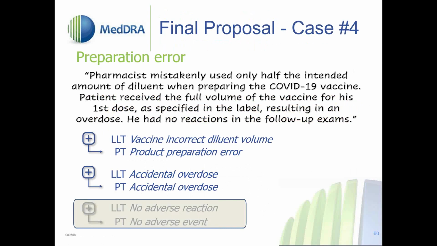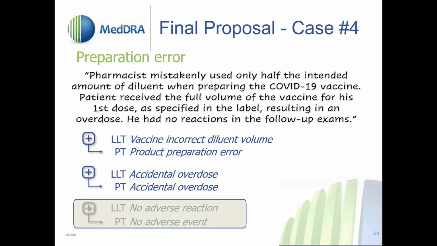Any questions? A couple of questions here around that issue of no adverse event, and if the coder decides to capture that, do you capture it if it's only explicitly mentioned, or you wouldn't make that assumption, would you?